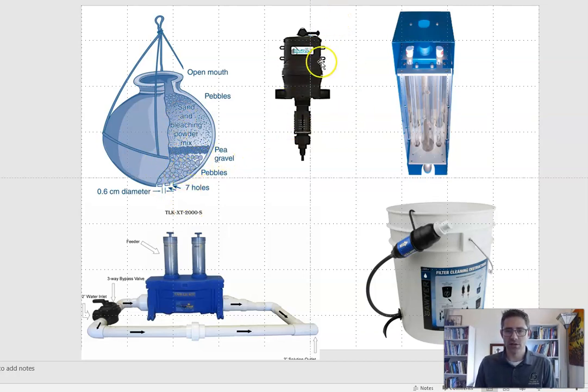This is the mini dose. It's not powered, but it uses the velocity, the flow of the water coming through the mini dose, to pull bleach in and mix into solution. These are really common in developing world applications, really cool little devices.